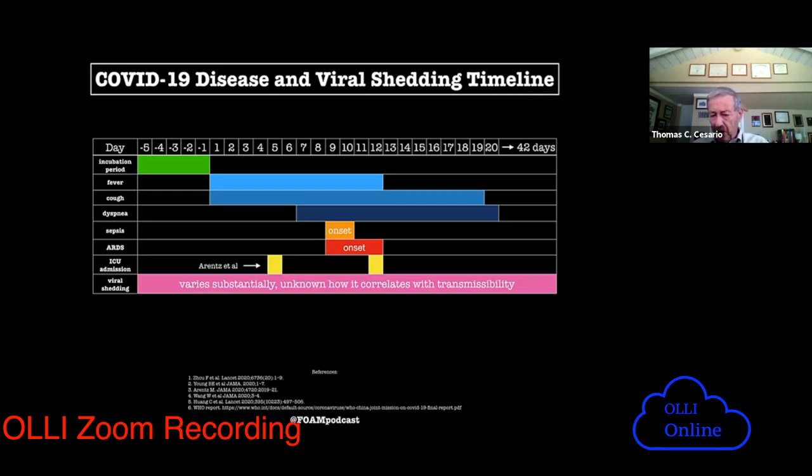And about the middle of the second week is when people who are going to get in trouble, we say crash. That means the bottom falls out, their oxygen levels fall, they have a potential to get into shock, and that's when bad things happen. So it's in that second week that crisis occurs if crisis is going to happen. Next slide.